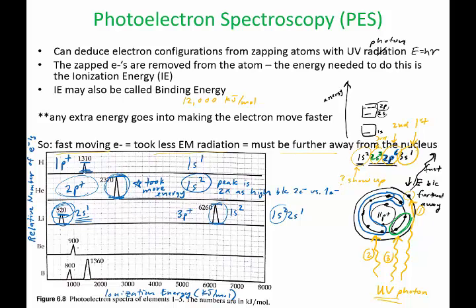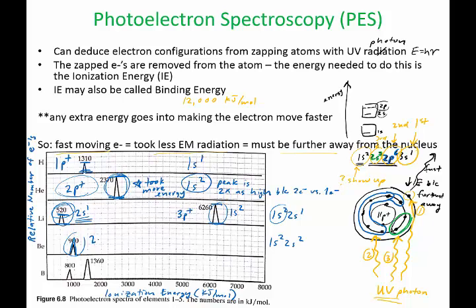Okay, so here's beryllium, and the configuration for beryllium is 1s2, 2s2. So I believe this peak should actually be a little bit higher.